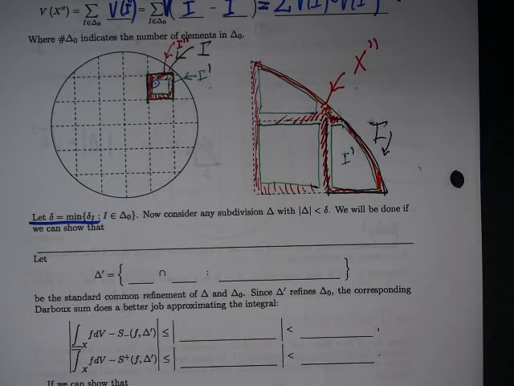here's my goal. One of the things I needed to do was declare an epsilon. Then I needed to find the delta, and I just did. I now need to prove something for every subdivision delta of x which satisfies this hypothesis. So let's consider any subdivision delta with mesh size less than delta. What is it that I need to show?